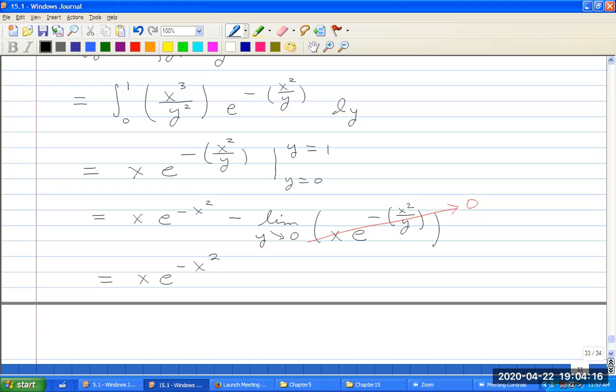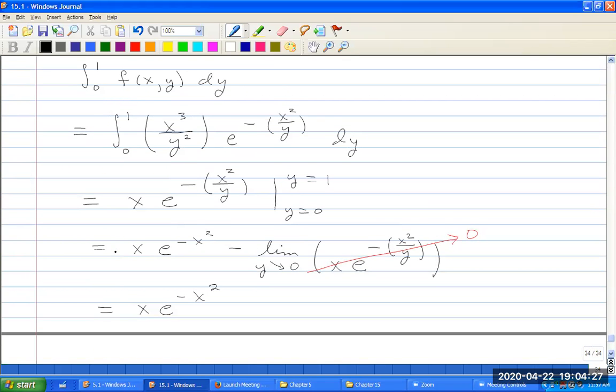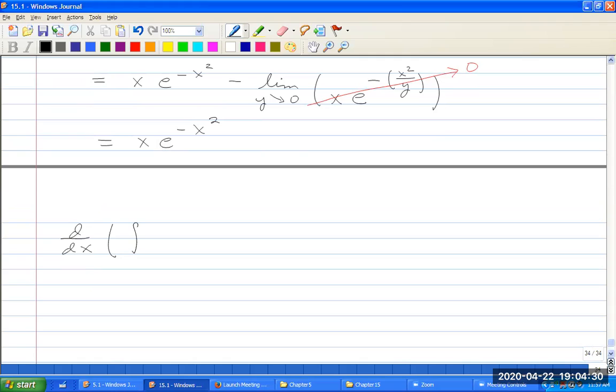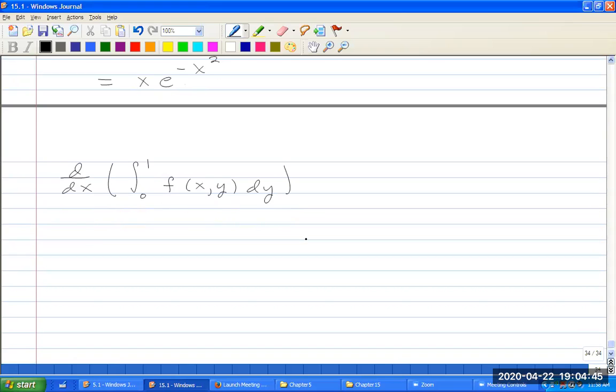Okay, so now let's take the derivative of the integral from 0 to 1 of f of x, y dy. This is just equal to the derivative of x e to the minus x squared.